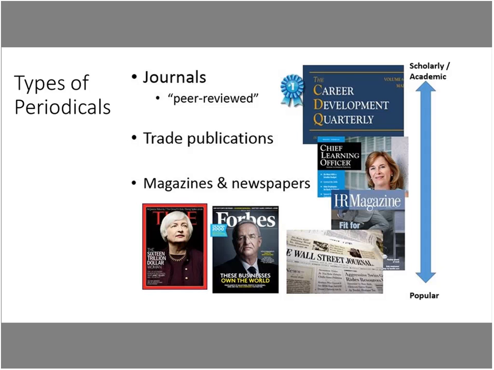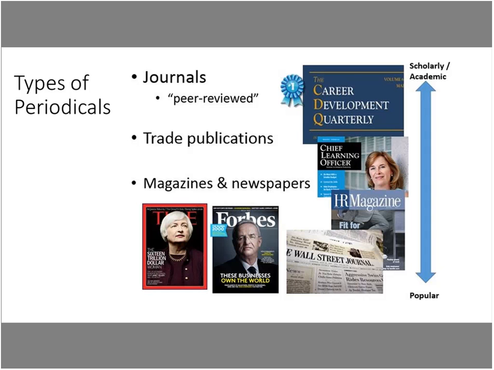Trade publications, on the other hand, are generally written by people who are practicing in the field. So they're not generally reporting research, they're generally reporting how they are applying different concepts within their field.